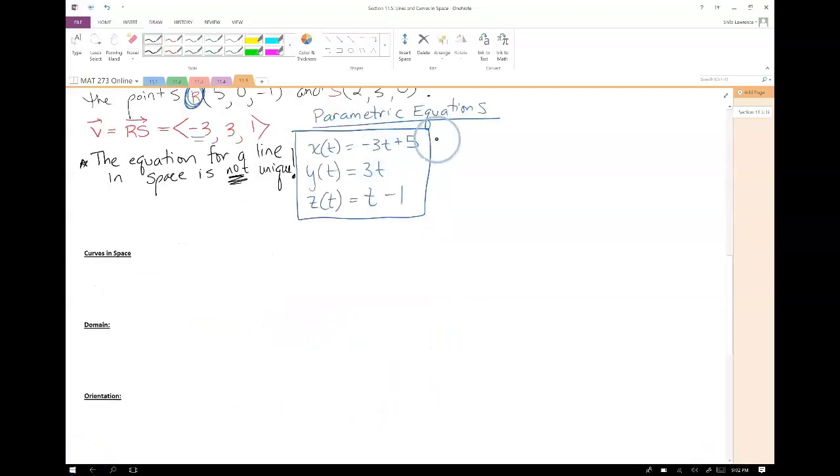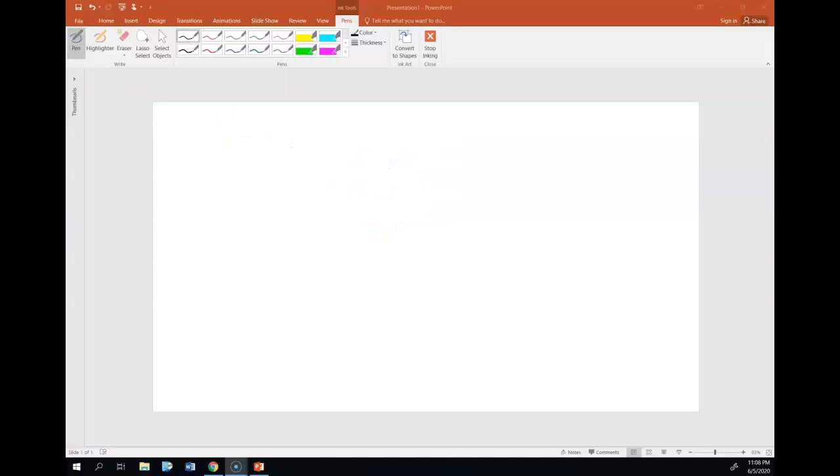Part of what dictates the fact that these 3 parametric equations are going to create a line in space is the fact that they are all linear equations. They all have t to the power of 1.